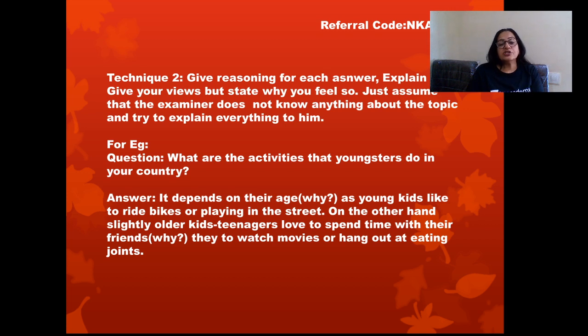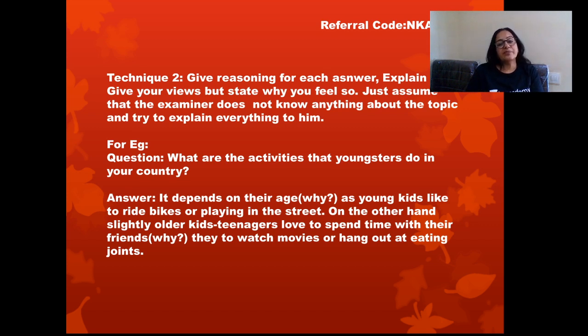They like to watch movies or hang out at eating joints. It's not a complete reason, but you are extending your answer, how they spend their time with their friends. Here you are taking two categories of children. One is the younger ones, the other is the teenagers.